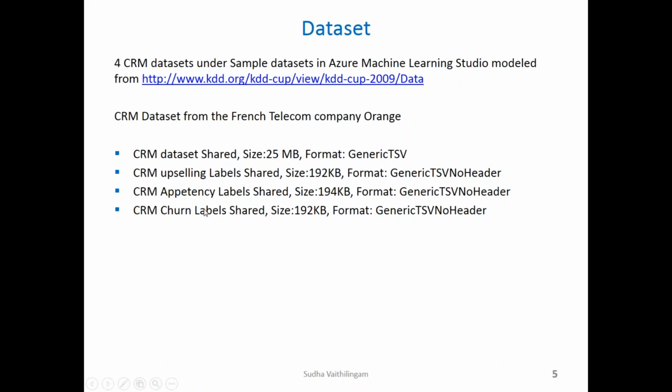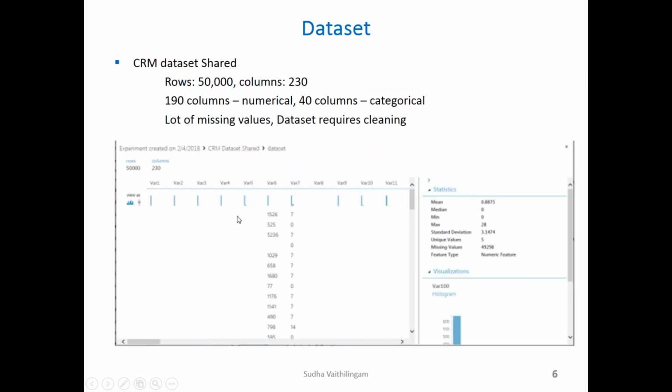There are 4 datasets. CRM dataset shared is the main dataset. There are 3 other labels datasets which need to be combined with the main dataset before we start our experiment. The main dataset, CRM dataset shared, has 50,000 rows and 230 columns.